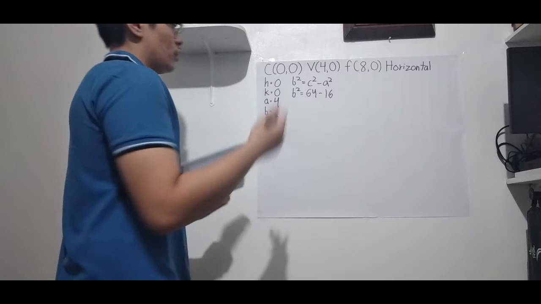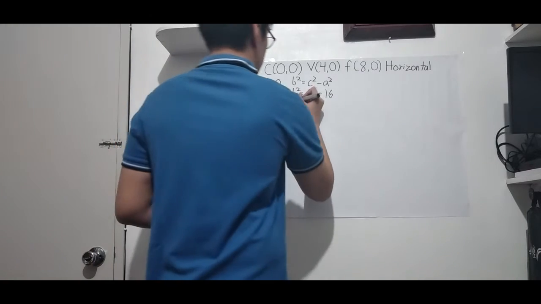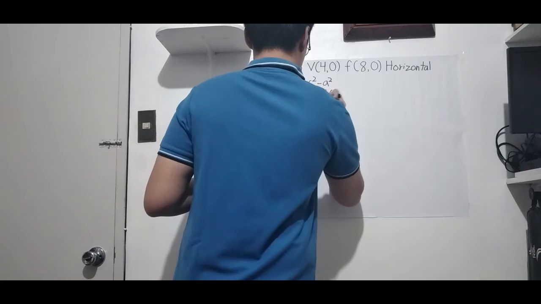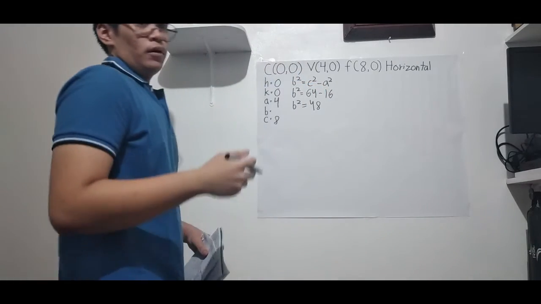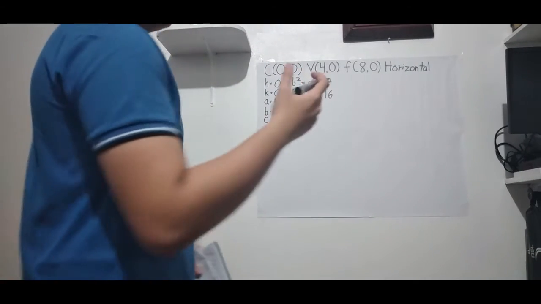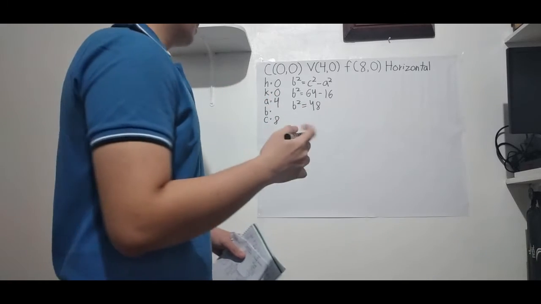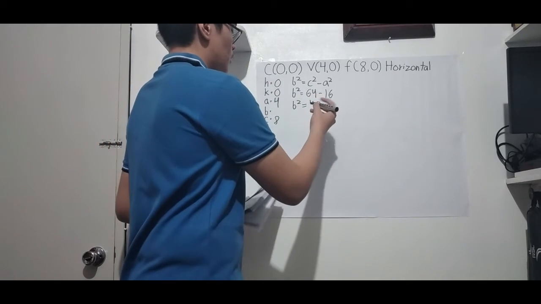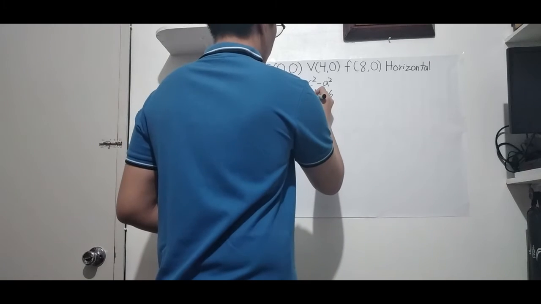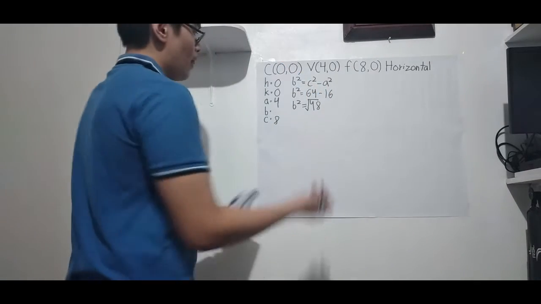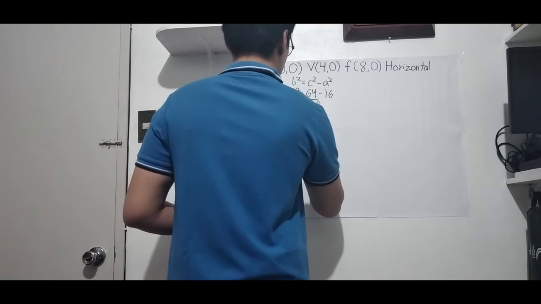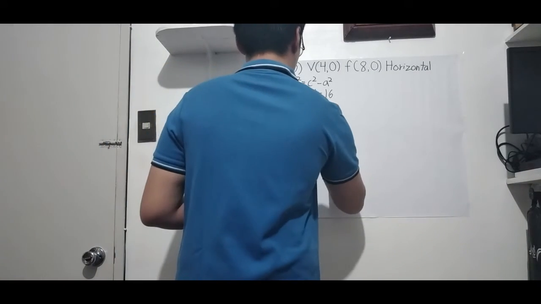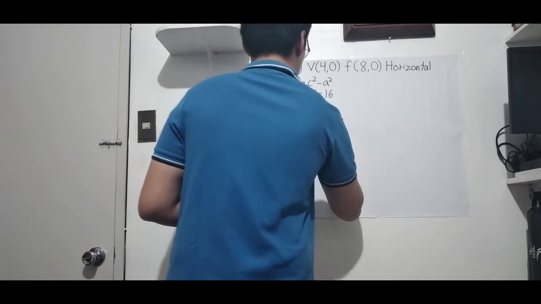So 64 minus 16 gives us b squared equals 48. To find the value of b, we put a square root here: the square root of 48, so b would equal 4 square root of 3.